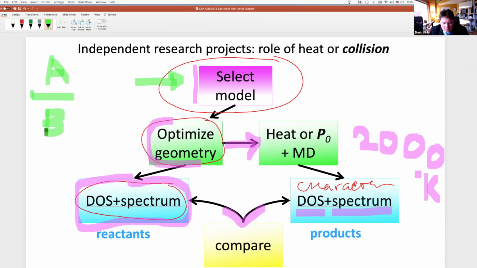Then, no matter what you do, one needs to optimize geometry, and we were briefly talking about it in the lab. I apologize, I didn't share recordings. I plan to do it later. I just have some issue with the computer, but I'll resolve it during the weekend and share the recordings of the lab in today's lecture.